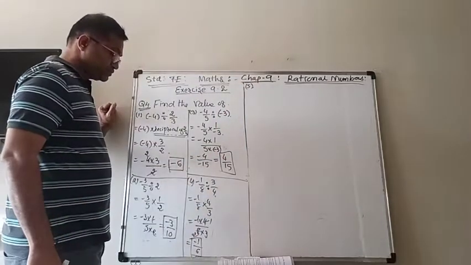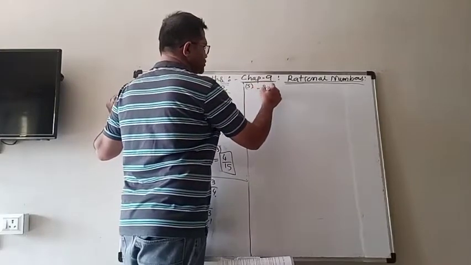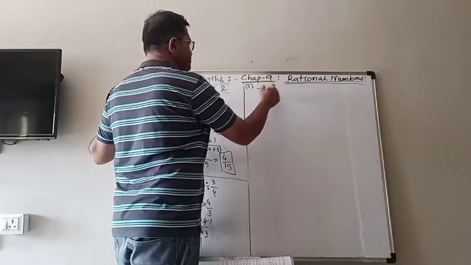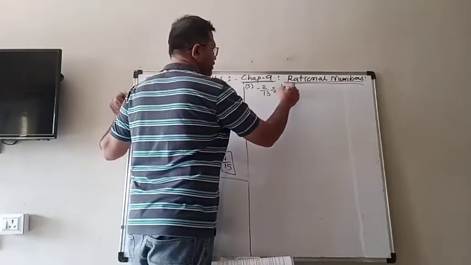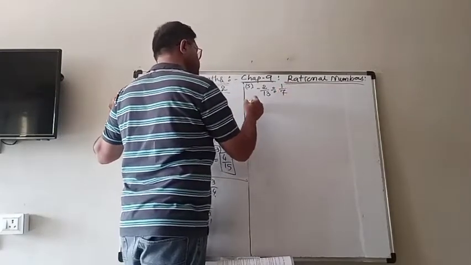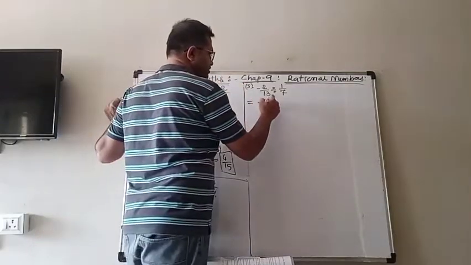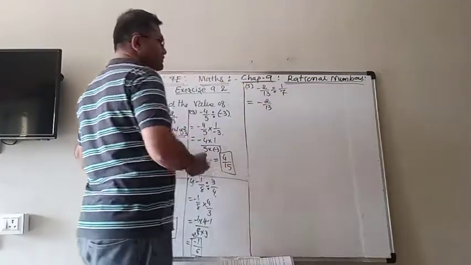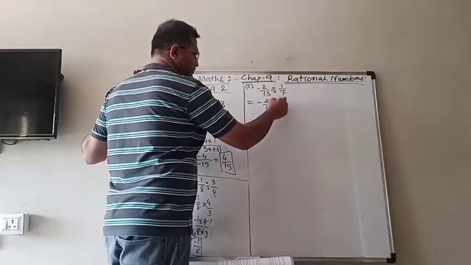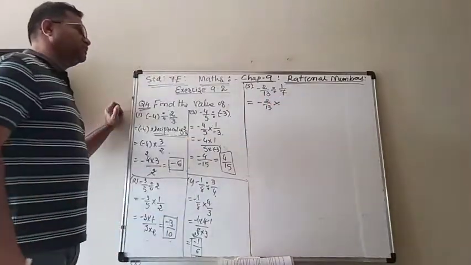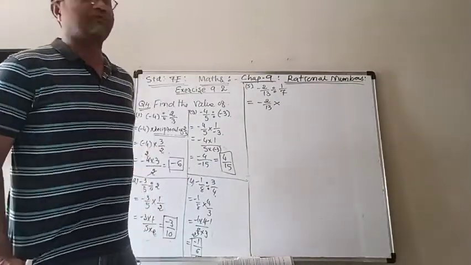Fifth one is minus 2 upon 13 divided by 1 upon 7. So here minus 2 upon 13 we will keep as it is, and then in place of division we will write down multiply, and then reciprocal of 1 upon 7.